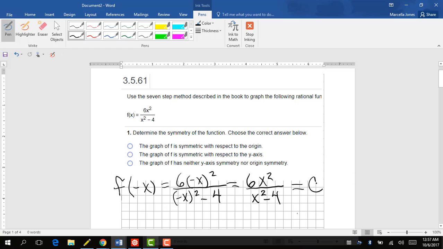So whenever our function comes back to us exactly as the original function when we replace x with negative x, we know that the graph is symmetric with respect to the x-axis.